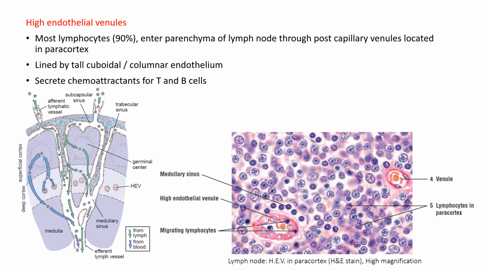This process by which the lymphocytes escape out into the parenchyma of the lymph node is called homing or diapedesis, similar to that done by neutrophils in other regions of the body. So the parenchyma of the lymph node receives the majority of its lymphocytes from migration across these high endothelial venules, and some lymphocytes also enter across the walls of the sinuses.